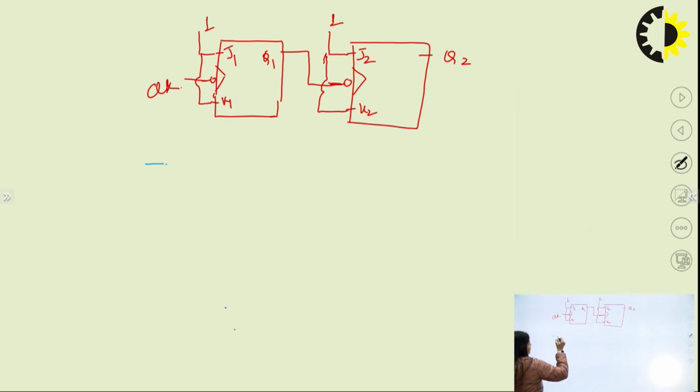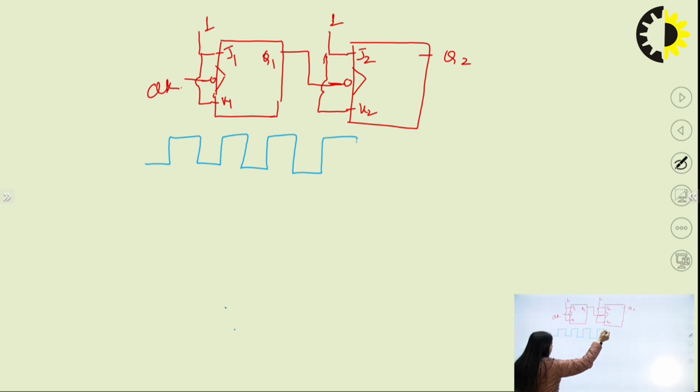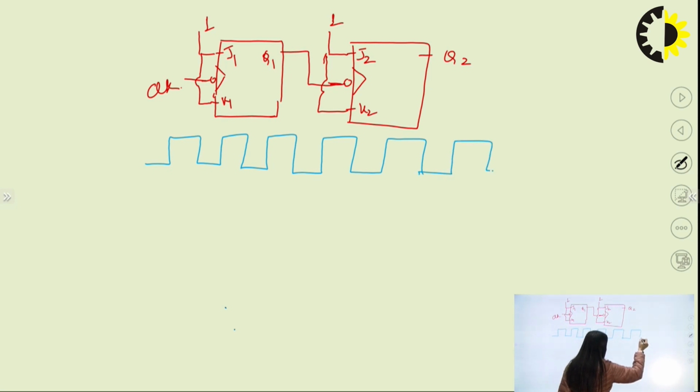I have taken this clock as negative edge triggered. Right. Okay.